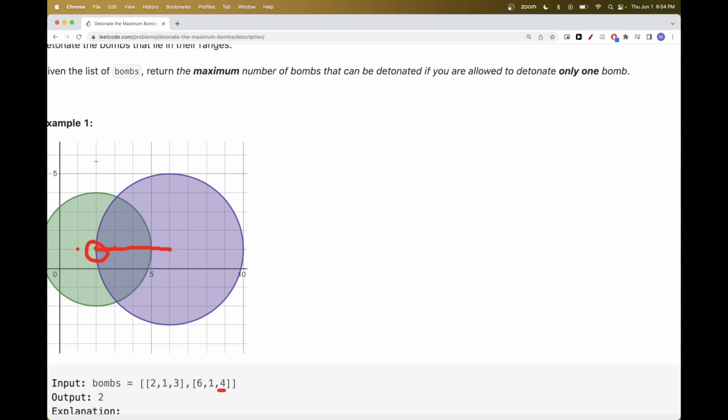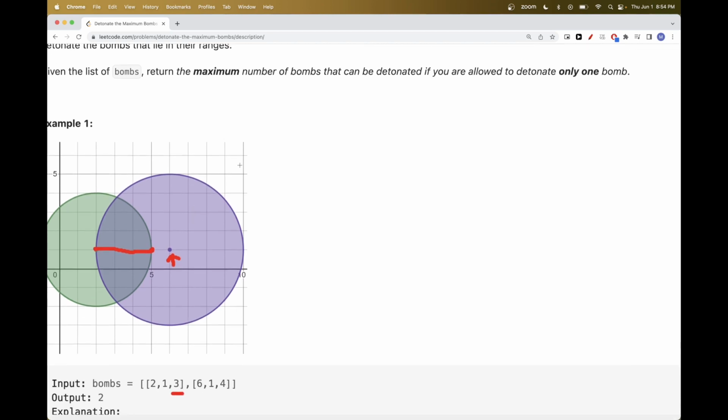And so the purple bomb will detonate the green bomb. But if we look at the green bomb here, what's the radius? The radius is just 3. So 1, 2, 3. So it stops here, before the center of this purple bomb, which means that if we detonate the green bomb, that won't detonate the purple bomb, right? Because it's not in its range.